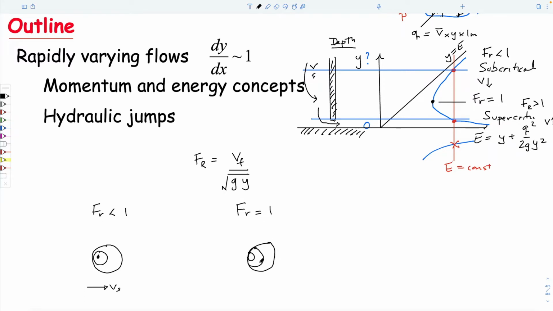I don't know if everyone's done that. Doesn't everyone spit in the water from a bridge to see the ripples? And a Froude number greater than 1 would be this.